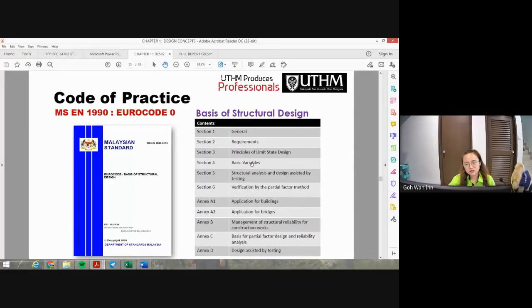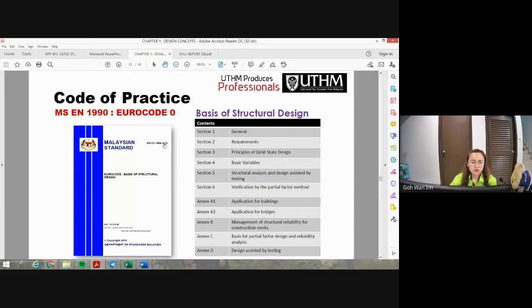Then basic variables, structural analysis and design assisted by testing, verification by partial factor methods, application for buildings in the annex, application for bridges in A2, Annex B for management of structural reliability of construction works, Annex C for basis of partial factor design and reliability analysis, and Annex D for design assisted by testing. So this is the content of Eurocode BS EN 1990.